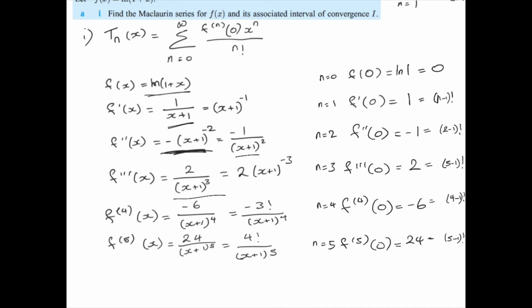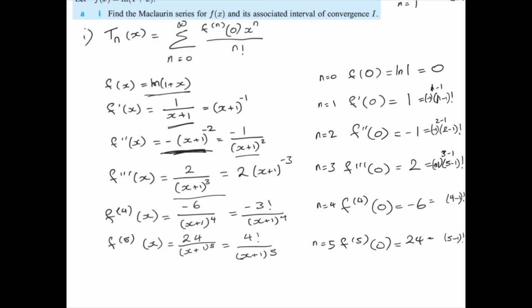And then it's negative 1 to the n minus 1. So 1 minus 1 is 0, so it's positive. Negative 1 to the 2 minus 1 is negative, that's good. 3 minus 1, negative 1 to the 3 minus 1.